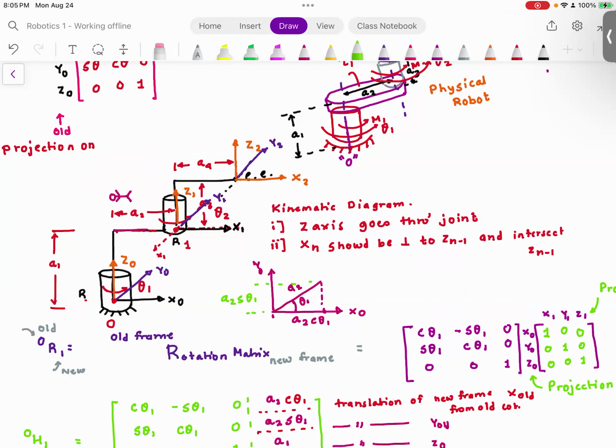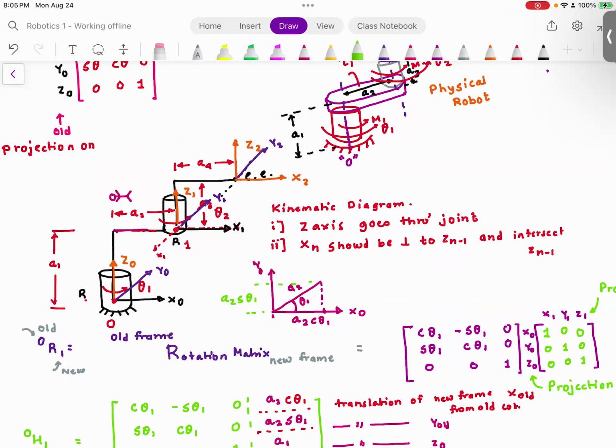Rotation is about z. So the rotation matrix is not going to be different. Only difference would be, it would be cosine theta 2, minus sine theta 2, 0; sine theta 2, cosine theta 2, 0; 0, 0, 1. Do you agree with me? But again, it needs to be multiplied with the projection matrix.